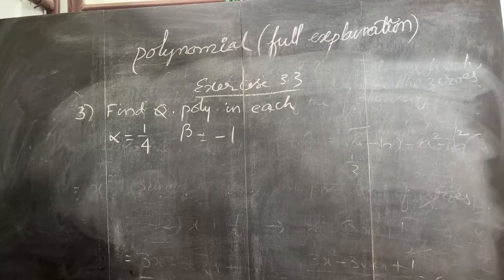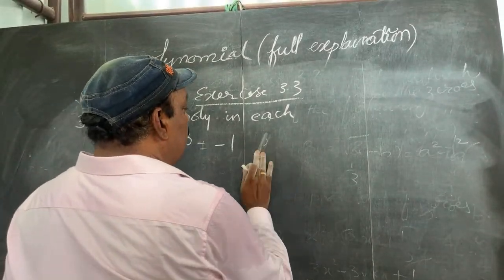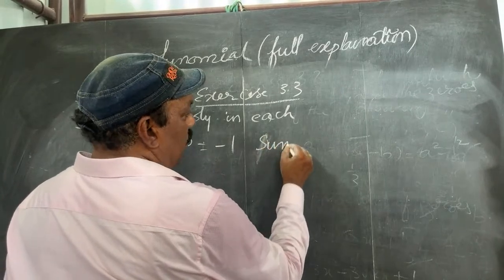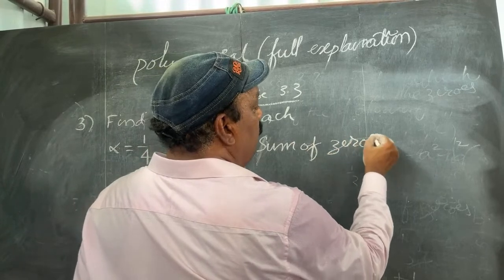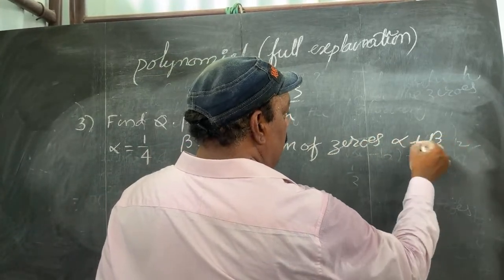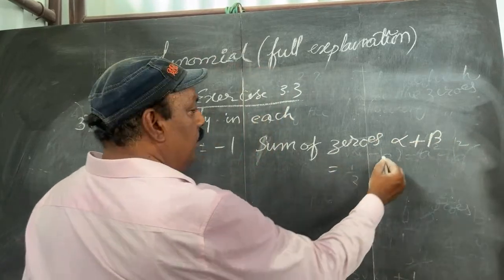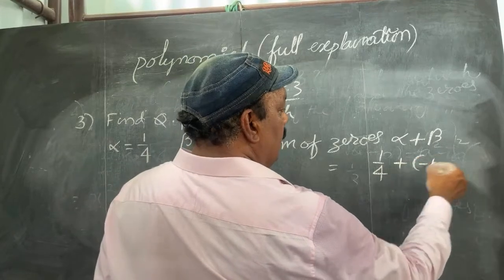So now we have to find out the sum and product of the zeros. First of all, the sum of the zeros with the help of alpha and beta. Sum of the zeros means alpha plus beta. Here alpha is 1 by 4, beta is minus 1.